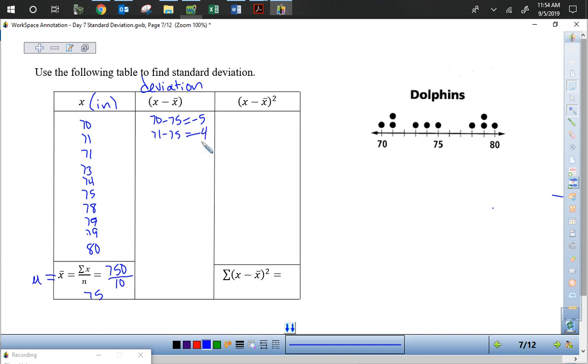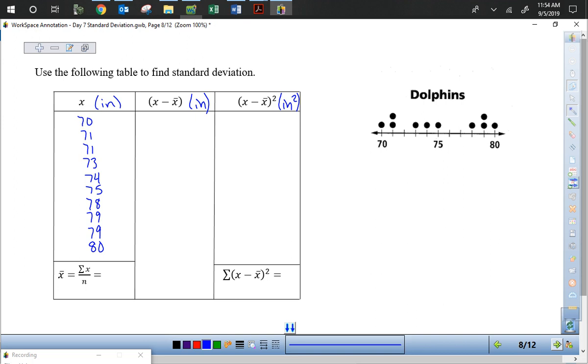So go ahead and pause the video and keep subtracting all the way through until you're done here. Okay, we've got our deviations here. Notice I put inches up top here as well because when you take 70 inches minus 75 inches, you still get an inches measure. Okay, 5 inches below the mean, 4 inches below the mean, and so on.